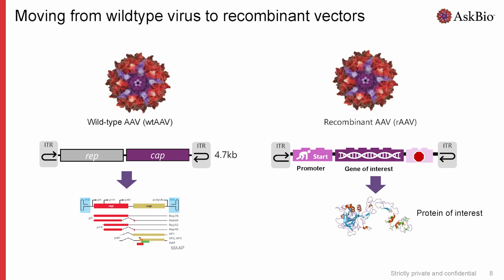And one of the key things that the researchers back then, including Jude Samulski and Nick Muzyczka and all of those leaders of the field, found was that the only element of the wild-type genome that is required in the final AAV product is the ITRs. So these flank your transgene of interest, and you include in there regulatory elements for regulation of that gene expression to produce your protein of interest.